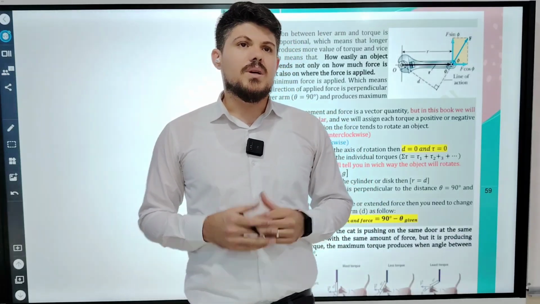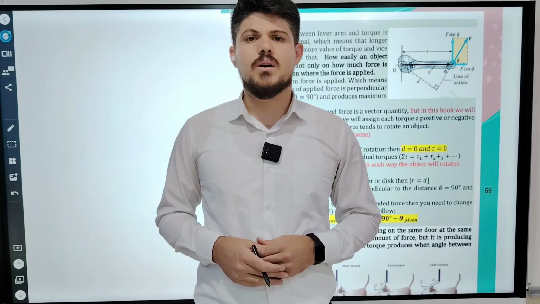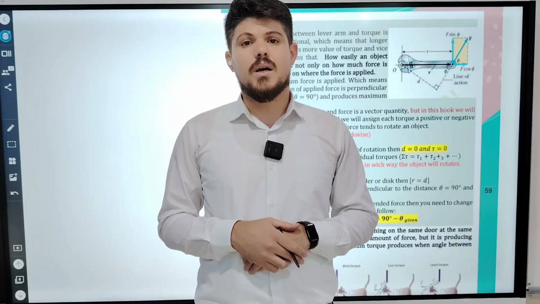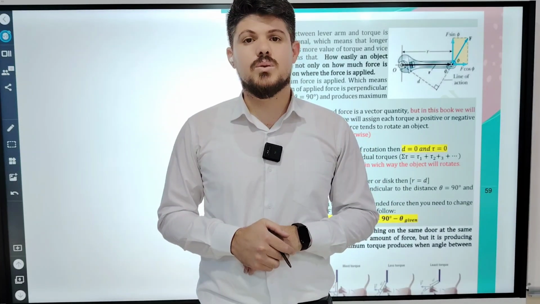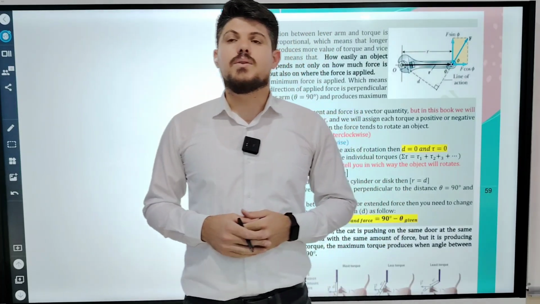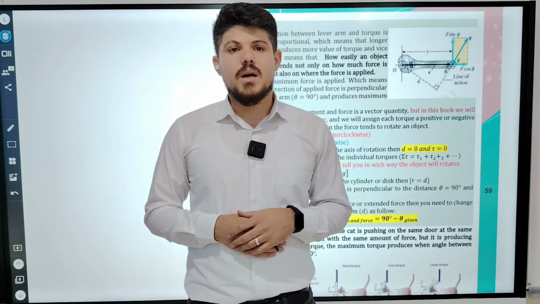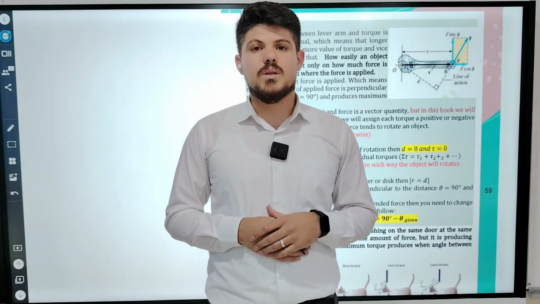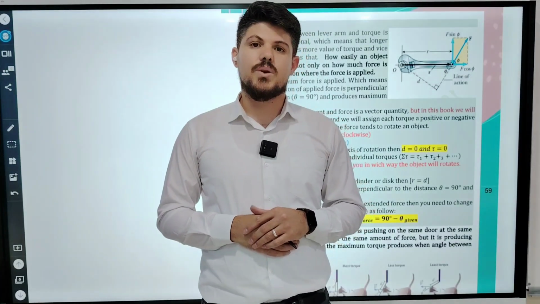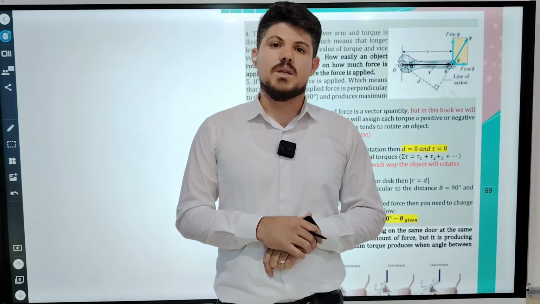But for an extended object, when an object is rolling or rotating, in that case, the object is considered to be an extended object. Only rotating? No. For example, when a bowling ball rolls down an incline, the object has both types of motion, translation and rotational motion. So in that case, the object is considered to be an extended object.